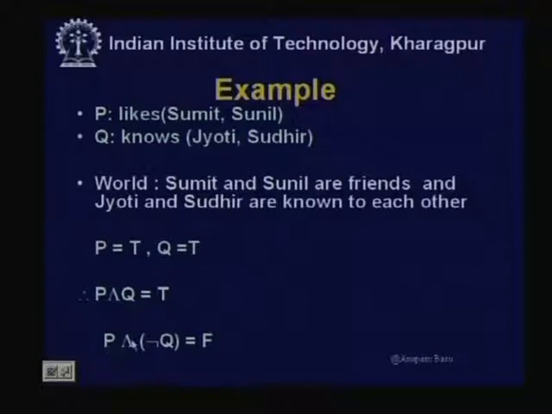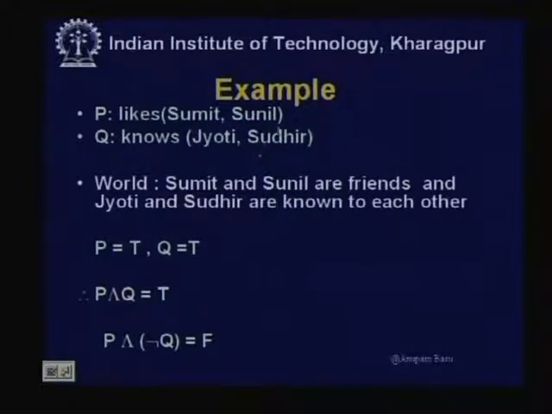But what happens with P and not Q? Here Q was true, so let us see what not Q means. Knows Jyoti Sudhir, I negate that. That means does not know Jyoti Sudhir. But Jyoti and Sudhir know each other. So knows Jyoti Sudhir is true, and does not know Jyoti Sudhir is false.